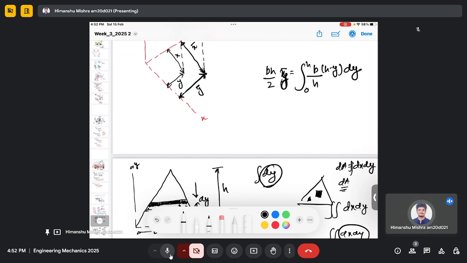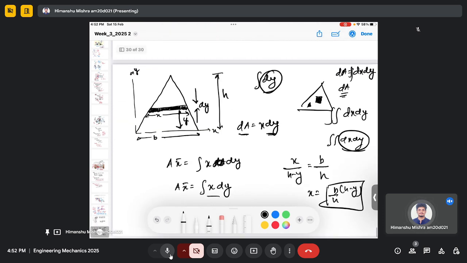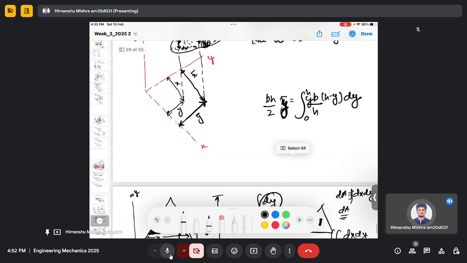I am actually looking for y bar, so there will be y here. And this will be dA. And dA is x dy. So this will be y x dy. So now you have to integrate this. So it will be bh by 2 times y bar equals integral from 0 to h. So I can take this h outside.